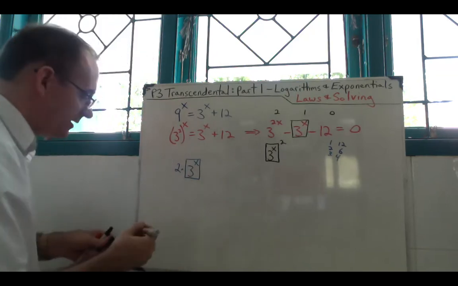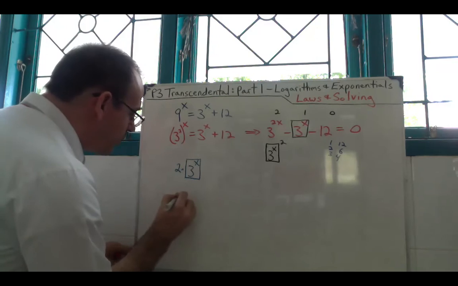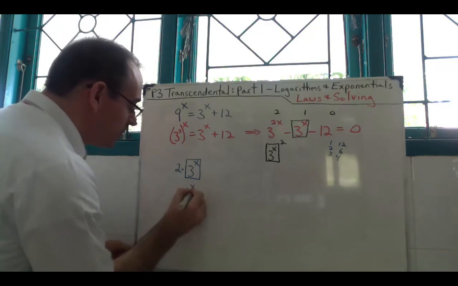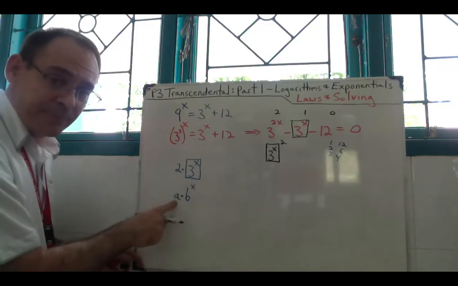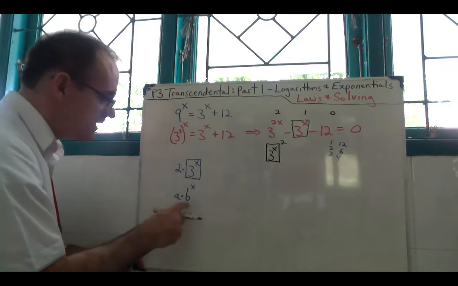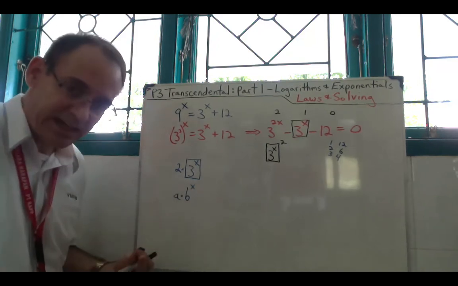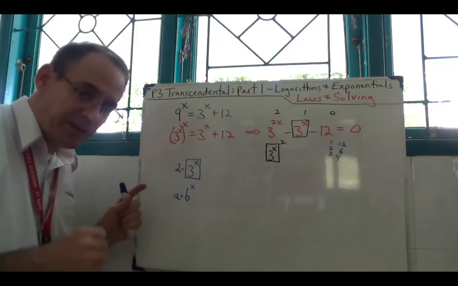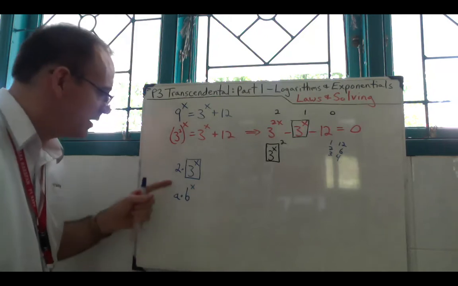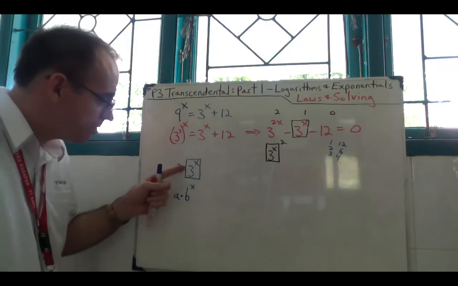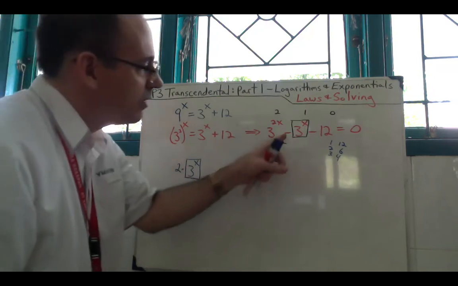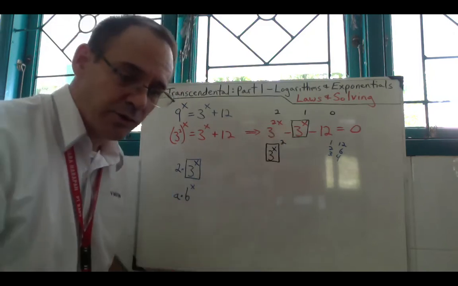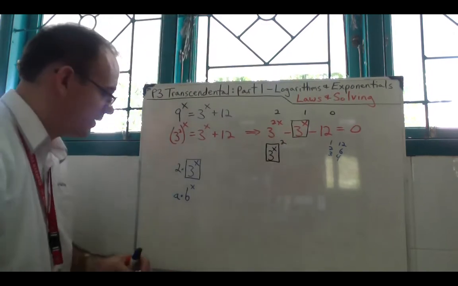So if you're looking at a general form, it would be a times b to the x, where a is the coefficient, and then your b to the x is the exponential part. Okay, so that's a very important thing. Some students get confused and they either want to multiply that number in, or they don't recognize what the coefficient is in the first place.